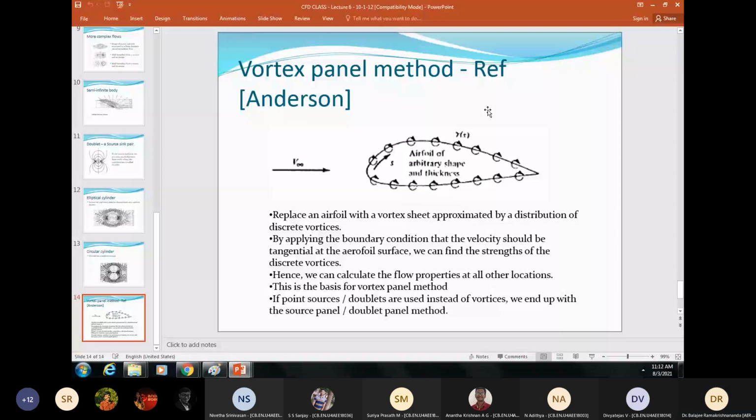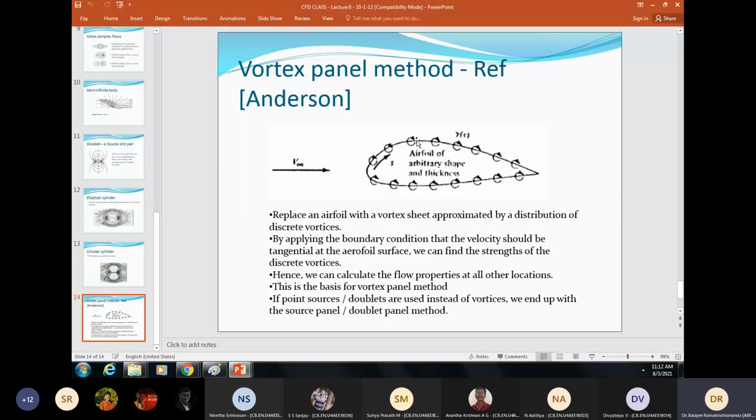Similarly, on the airfoil itself, you can select some points known as control points. On this control point, the flow should be parallel to the airfoil. So with this condition, you can form one equation which has the effect of all the vortices except the one in which it is situated by itself.